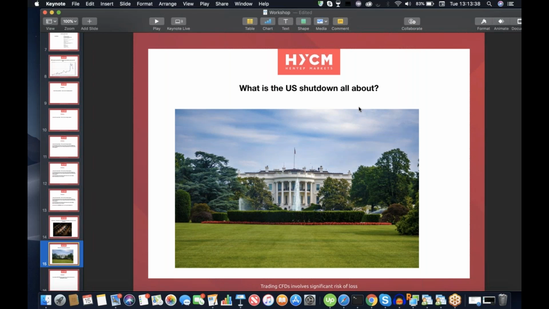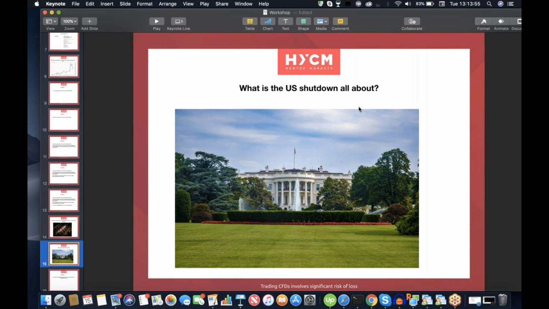The problem for President Trump, he's a Republican, is that prior to last year's US midterm elections, President Donald Trump's Republican Party had control of all of Congress. That's the House of Representatives and the Senate.